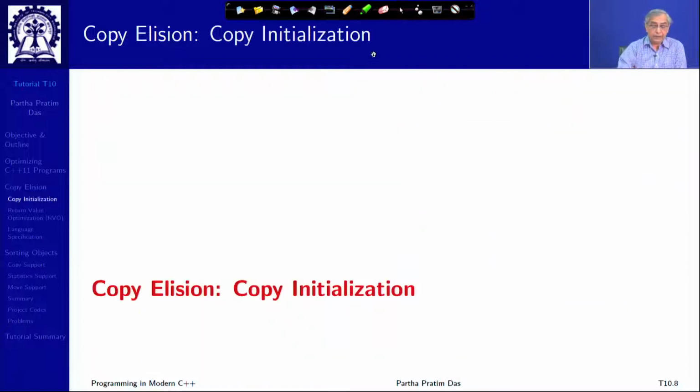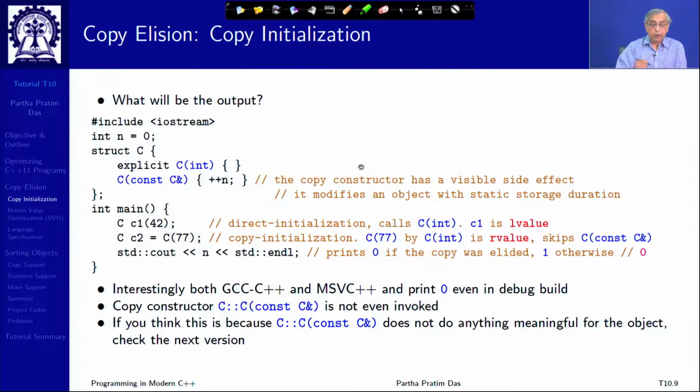So, first let us look at copy initialization of objects. I have a very small class C. Here, most often I have written classes as struct, because the issue of encapsulation or access restriction is not the focus of discussion. Whatever we are discussing in terms of structs will apply equally well for classes altogether.